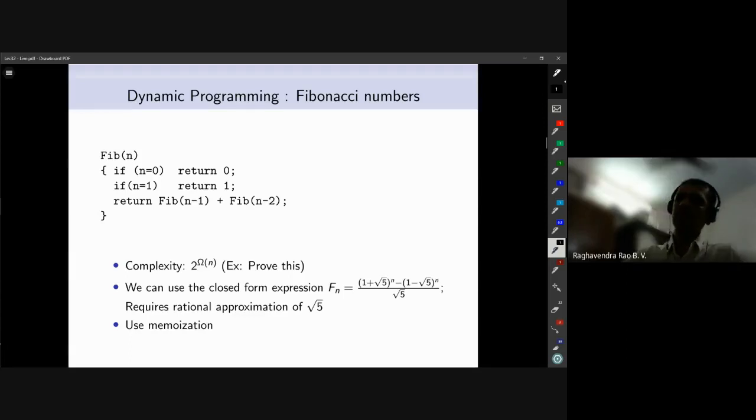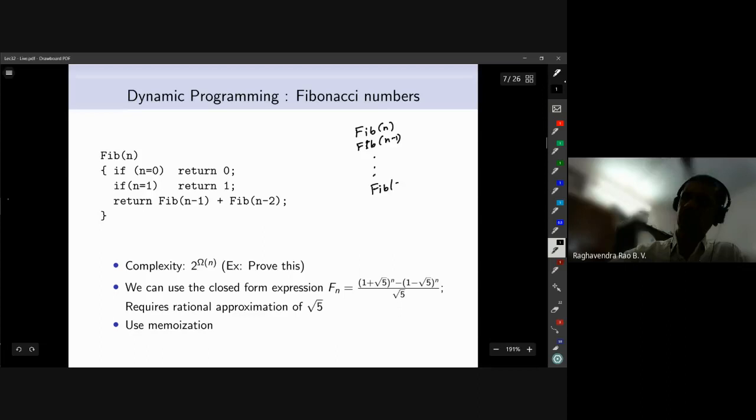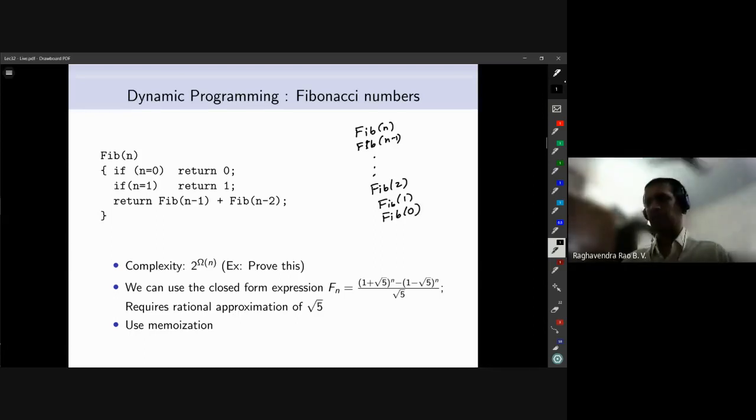But how many different calls are there? The calls are basically fib n, fib n minus 1, and so on, down to fib 2, fib 1, and fib 0. So there are only n plus 1 distinct calls which are going to be used.